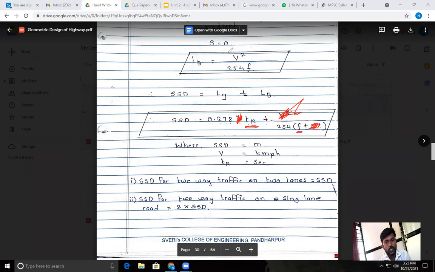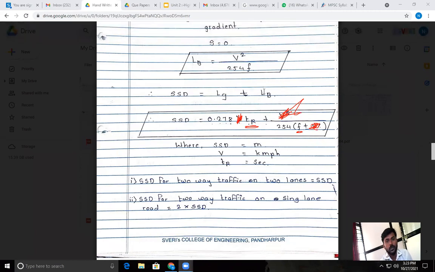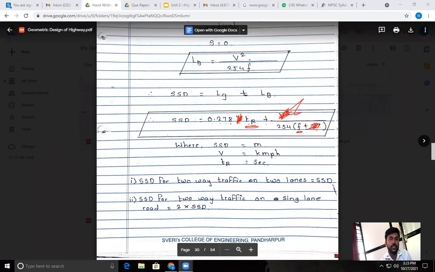How much reaction time do we take as per the IRC? Can anyone tell? 2.5 seconds. Okay, so the reaction time is taken as 2.5 seconds.